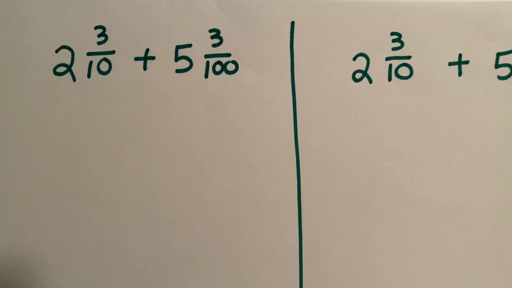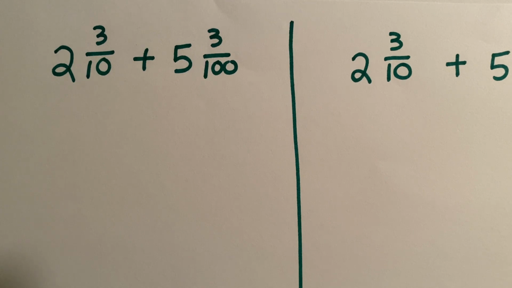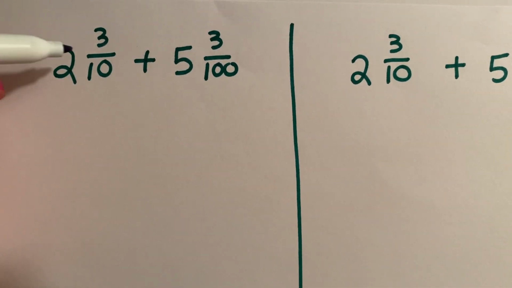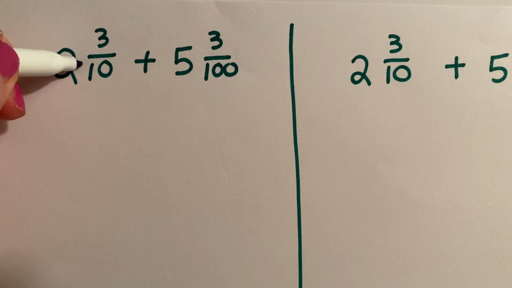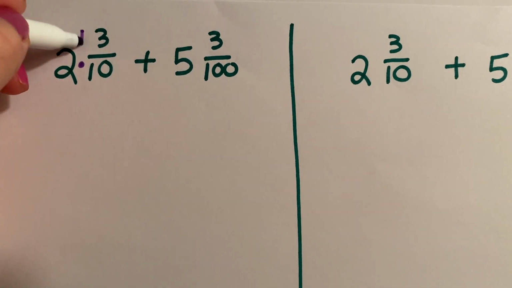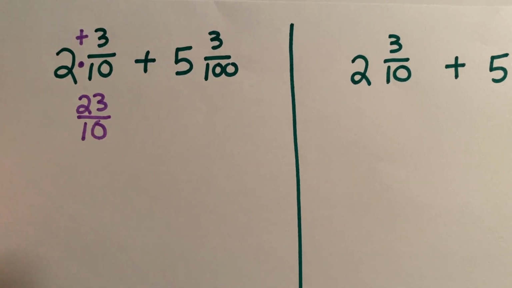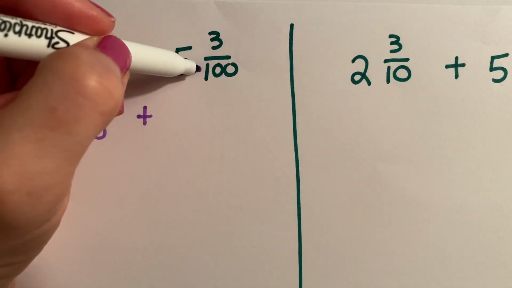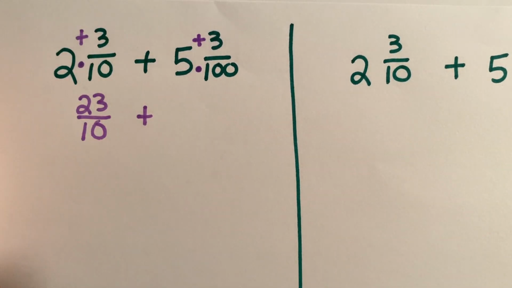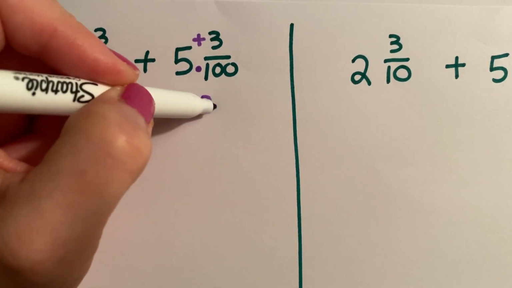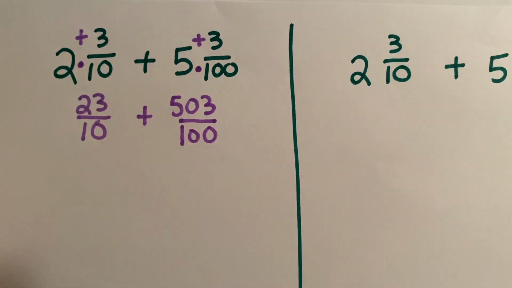If we follow the steps from Unit 1 to add 2 mixed numbers, we would start by making them both improper. 10 times 2 is 20, plus 3 is 23 tenths, plus 100 times 5, plus 3 is 503 over 100. Now we need a common denominator.